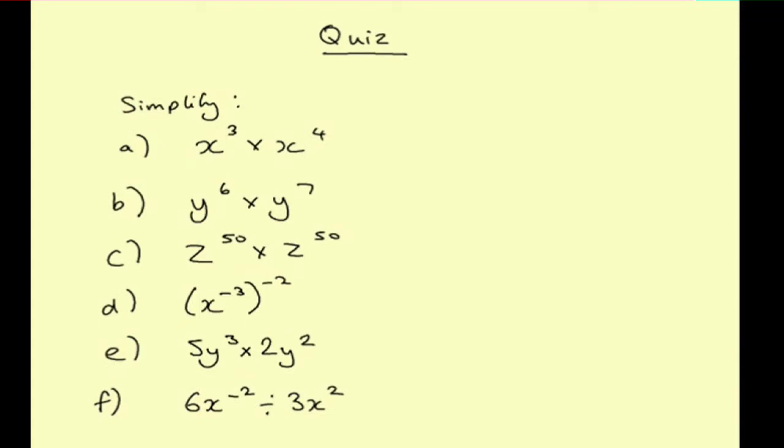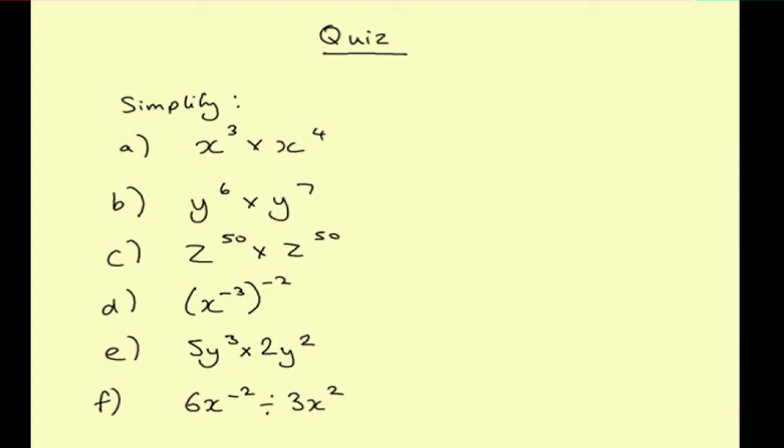Okay, so it's time for a quick quiz now. Let's just run through the questions. Simplify the following. The first one, x cubed times x to the power 4. Second one, y to the power 6 multiplied by y to the power 7. C, z to the power 50 times z to the power 50.